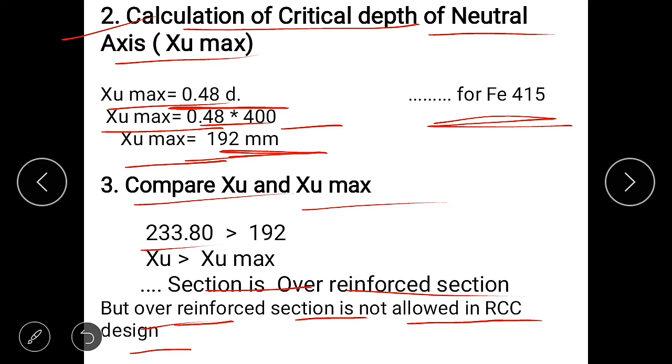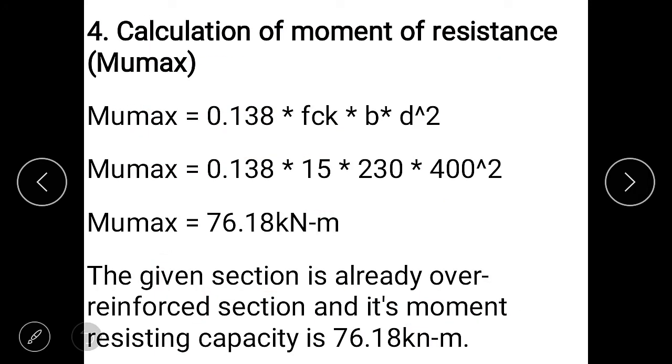So here we consider the section as an under reinforced section and then proceed to design. Calculation of moment resistance, Mu max. Consider Fe 415 and an under reinforced section.